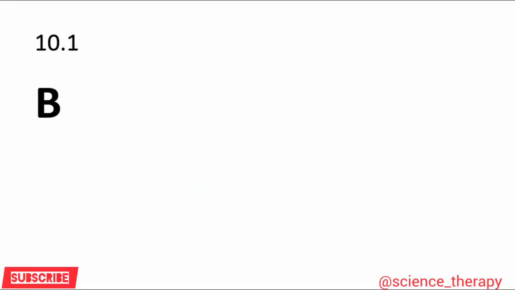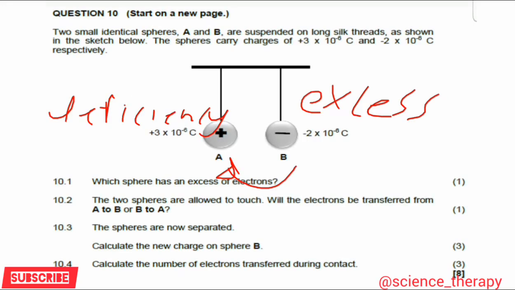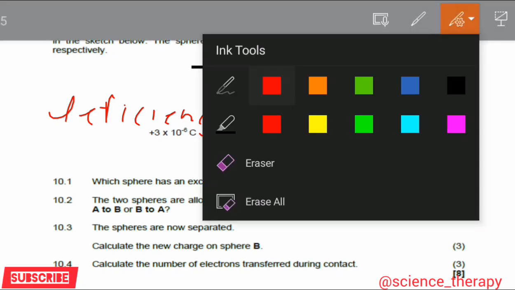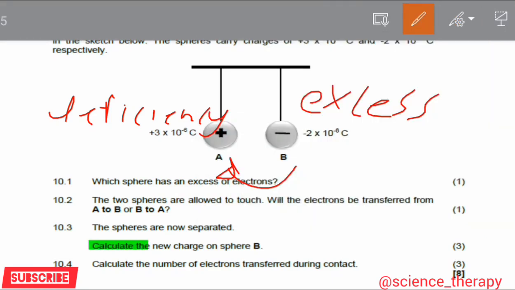So awesome. Then 10.3, the spheres are now separated. Calculate the new charge on sphere B. So with this one, you can see it was straightforward. We know the new charge will be the same for sphere A as it will be for sphere B, right?